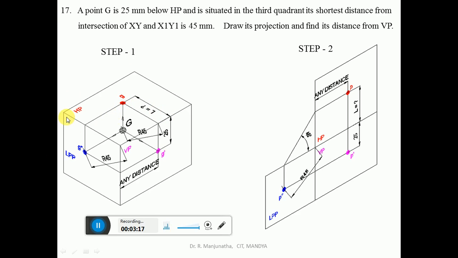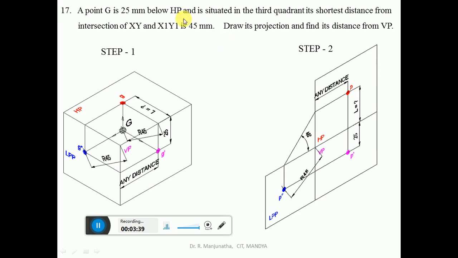Once the HP is rotated, the top view will become above the xy line, and the side view will come on this side. So this should be small g, this should be G dash and this will be G double dash. Instead we have written P, but it should be G dash and G double dash.